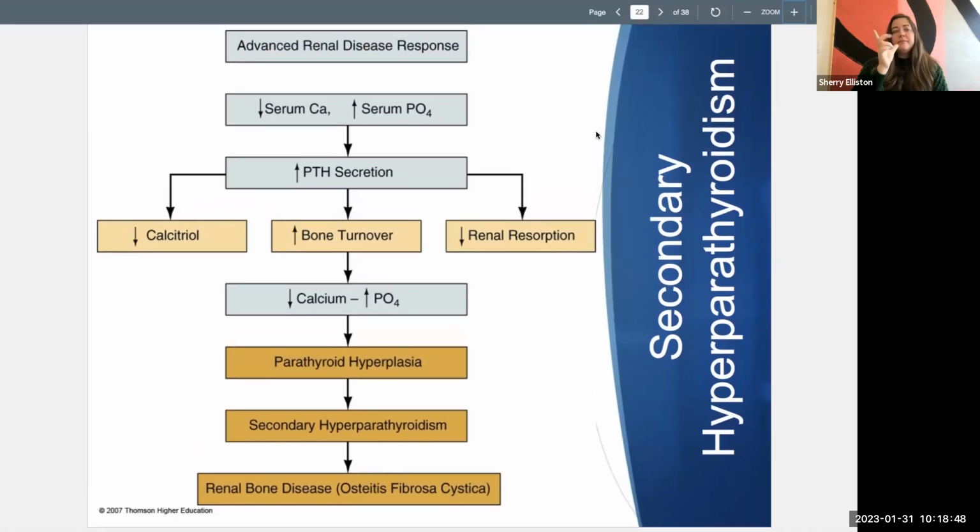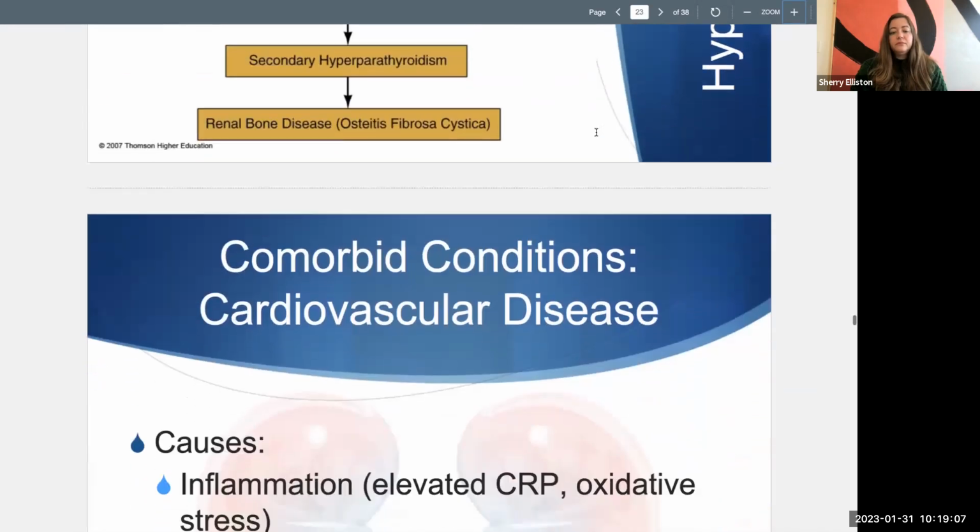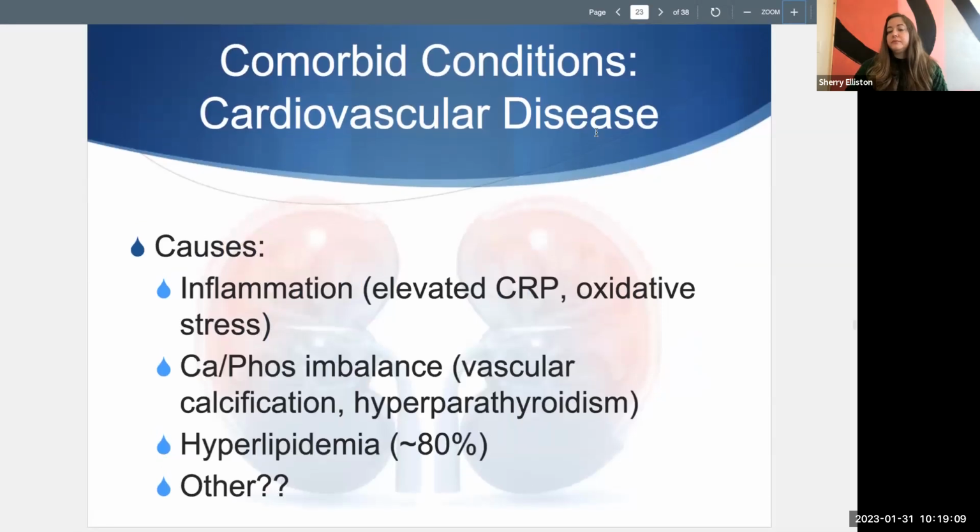I have something that I wrote out on the whiteboard that has a better description, and there's also a video posted on Canvas that describes secondary hyperparathyroidism in detail. I'm not going to spend any more time on that because we have to get through these slides.